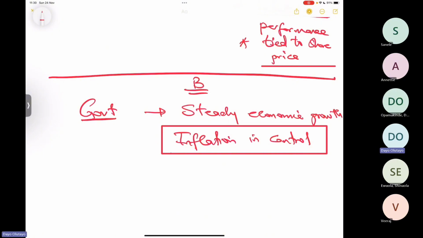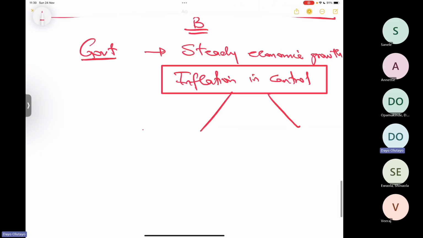And how does the government achieve this? They achieve this using two methods. Either they use what you call the fiscal policy, or what you call the monetary policy. This is called macroeconomic policy.